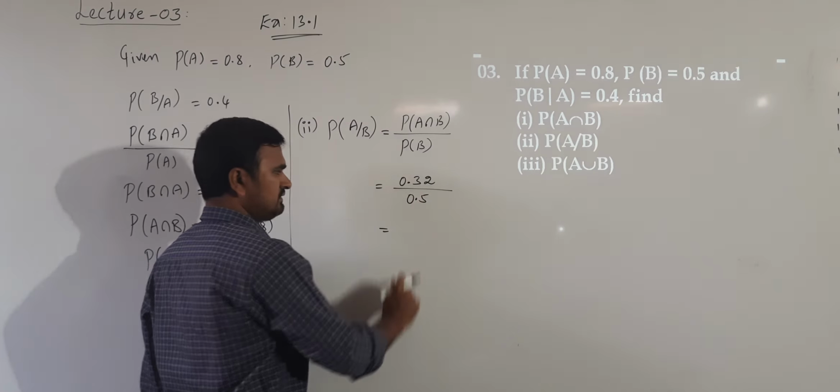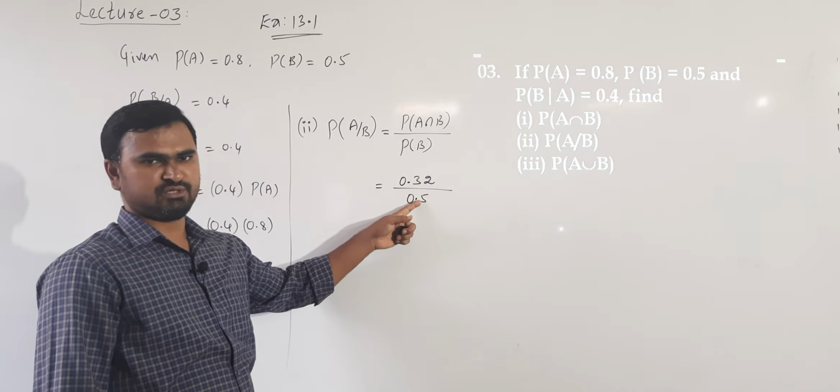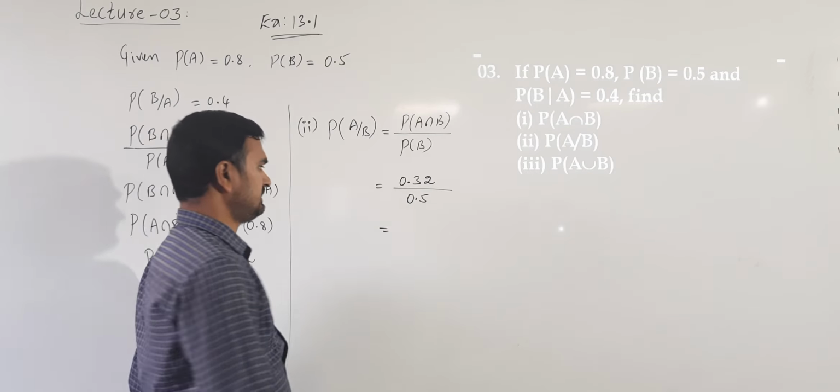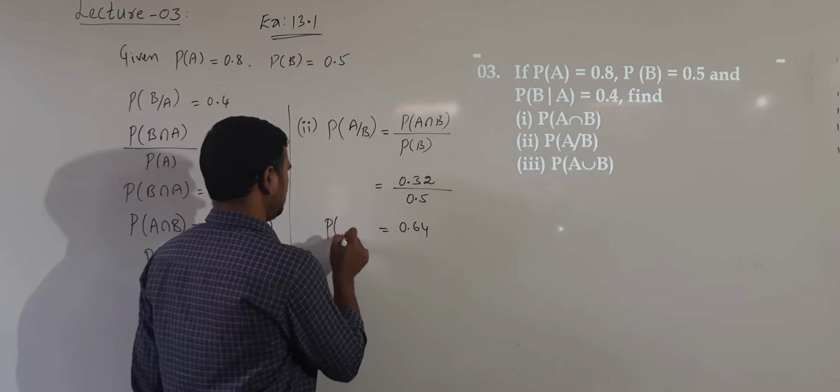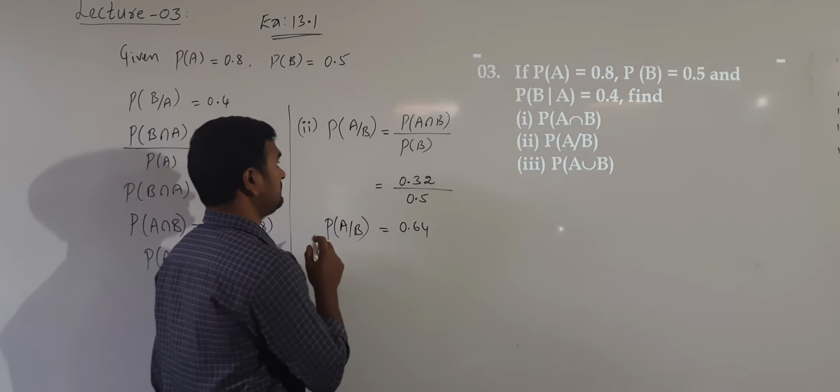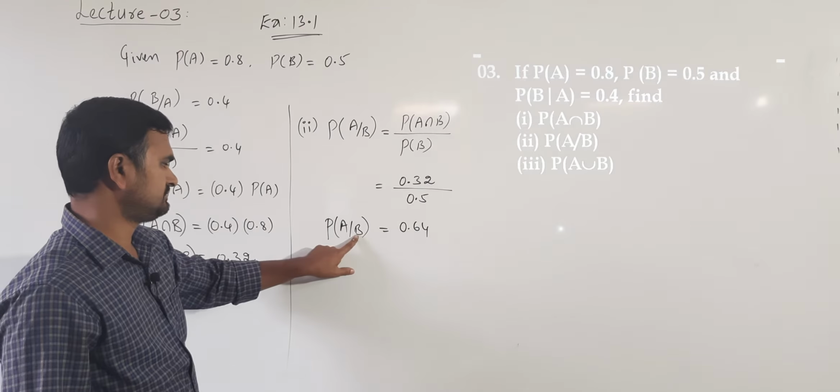So dividing by 0.5 is multiplying by 2, so 0.64. So probability of A given B is 0.64.